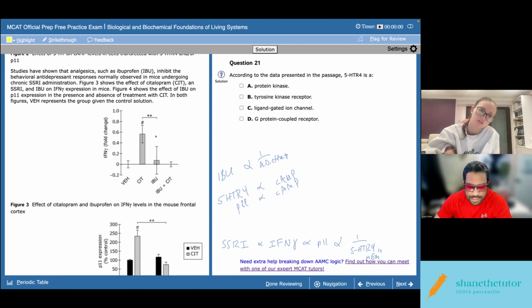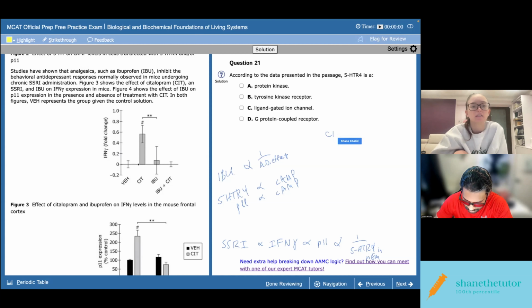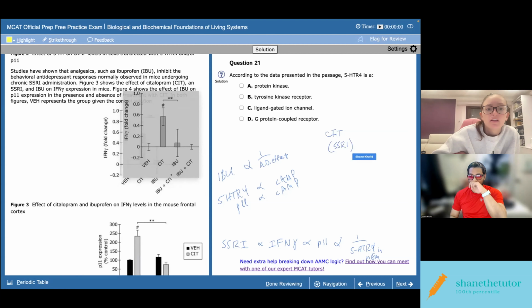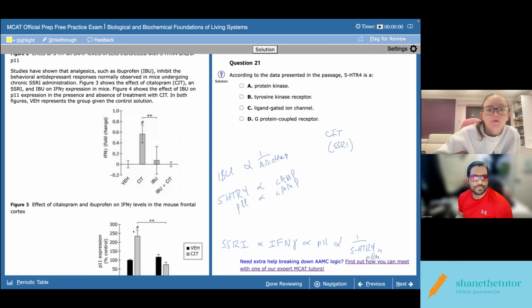So the CIT, oh, that makes sense, because CIT would need a lot of this. But then something like the ibuprofen with CIT, since it inhibits the antidepressant response, then it doesn't need it. So I was wrong, and there's actually a negative correlation between IFNY and the ibuprofen.